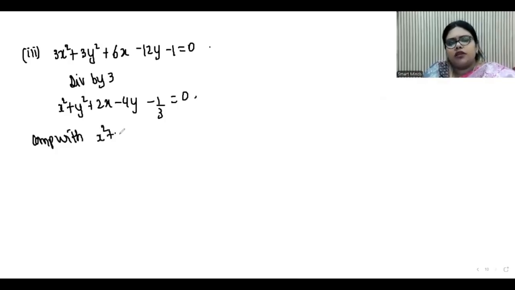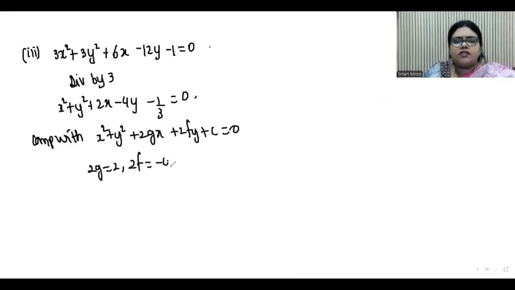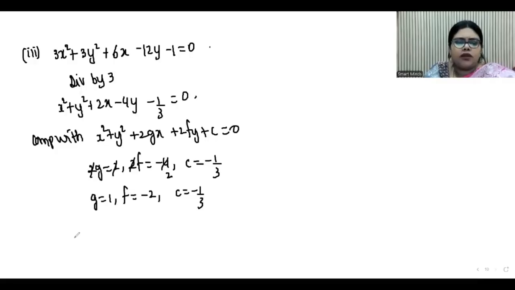What is the general equation? x square plus y square plus 2gx plus 2fy plus c is 0. So 2g is 2, 2f is minus 4, c is minus 1 by 3. 2 cancel, 2 ones are 2, 2 twos are 4. So g is 1, f is minus 2, c is minus 1 by 3.